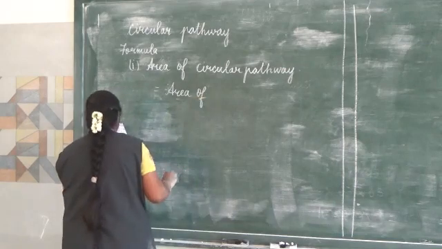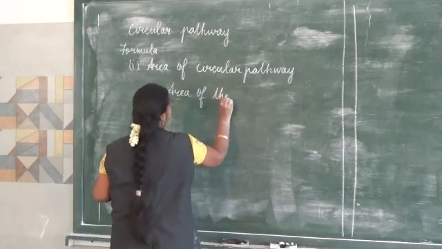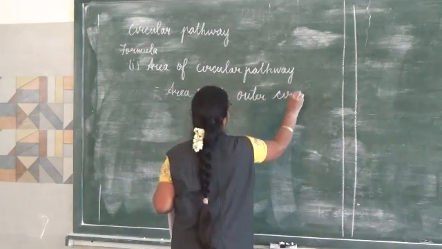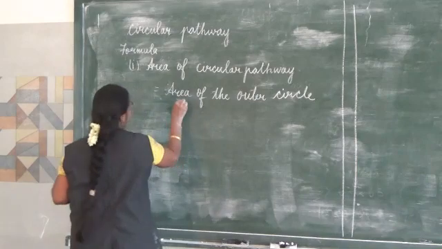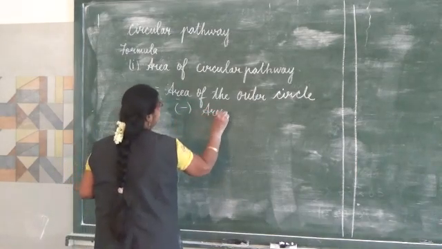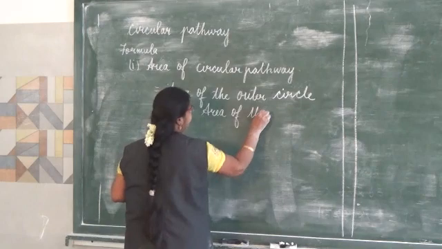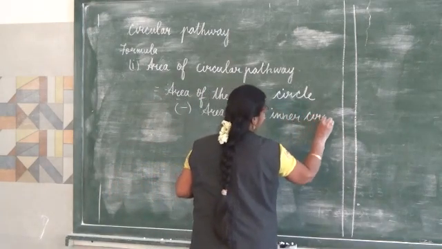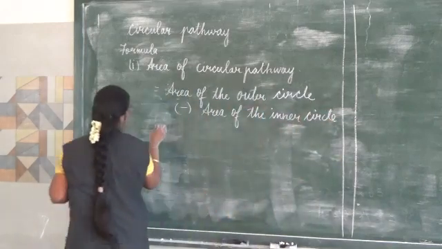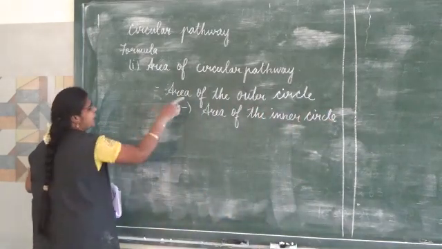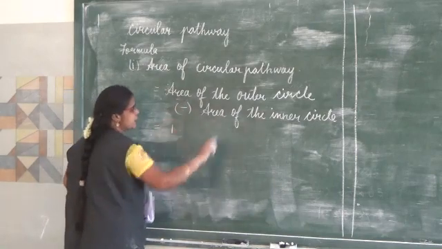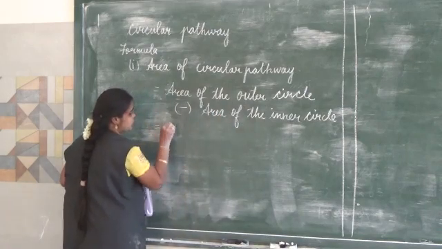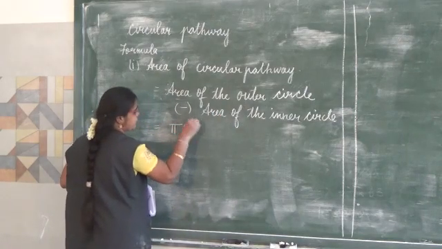The area of the circle is pi r square. So for the outer circle we will mention it as capital R, pi capital R square.